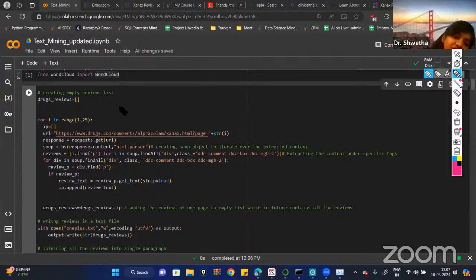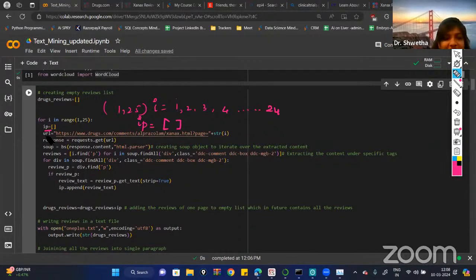The range we have mentioned is 1 to 25, so it starts from 1, 2, 3, 4, and goes until 24, taking the value of i. Now, again, another empty list we are preparing, called ip equals square brackets. This will create another empty list called ip.